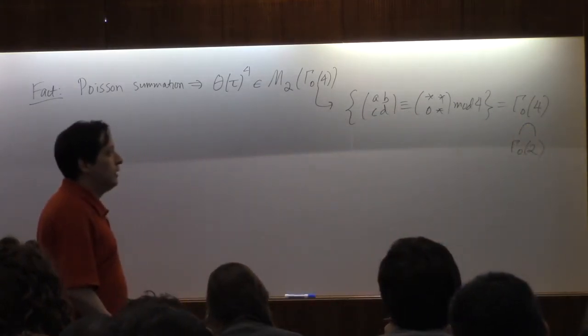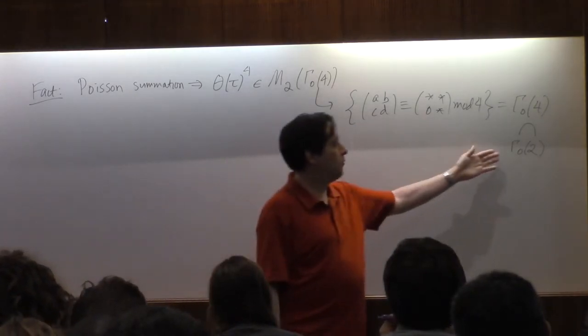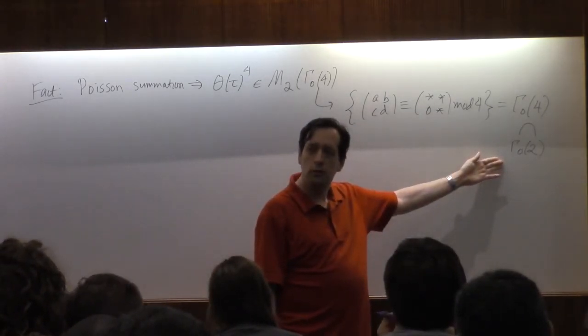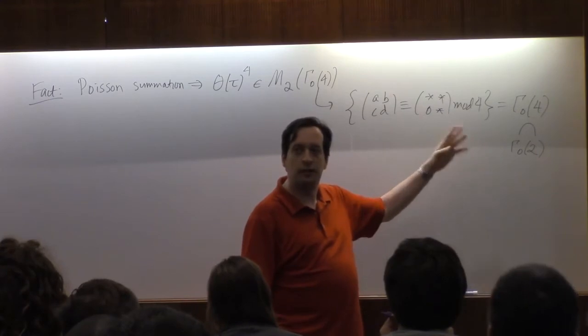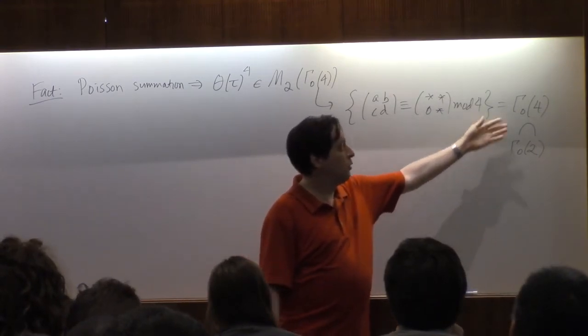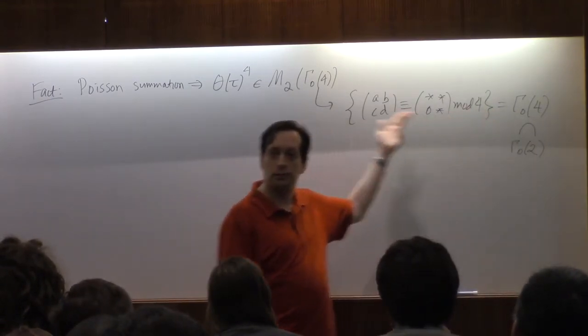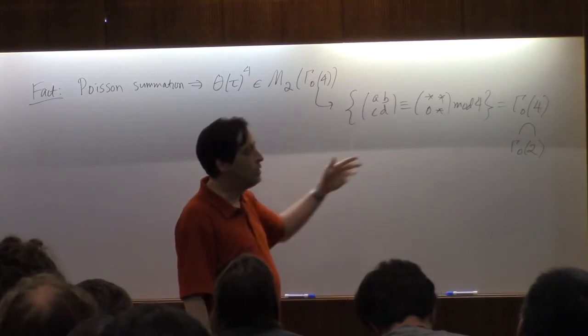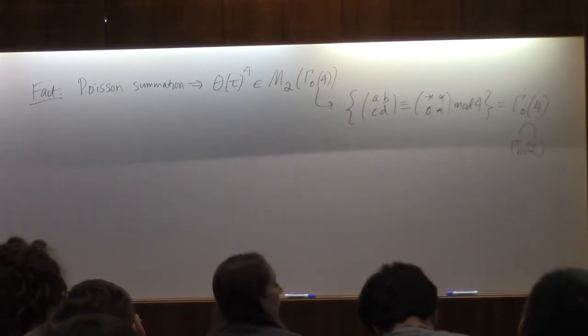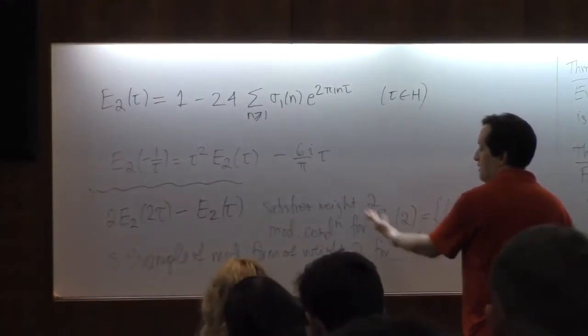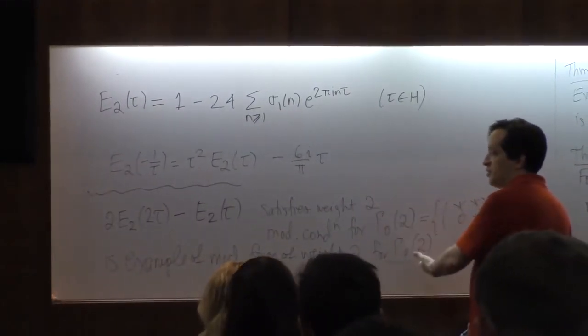And so a modular form for gamma 0 of 2, the thing that transforms nicely under this group, well, it's inside of here, so it should also be a modular form for gamma 0 of 4. Okay? So this example that I gave before, that was weight 2 for gamma 0 of 2, turns out that the space of those is only 1-dimensional.